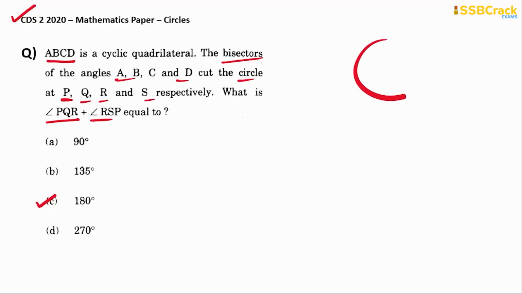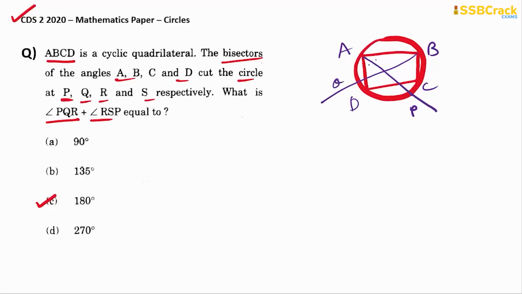So you know that when you have a circle, moreover a cyclic quadrilateral, and the bisectors of the angles of its vertices, like the bisector of angle A. Here they said that the bisector of angle A intersects the circle at P, the bisector of angle B intersects the circle at point Q, the bisector of angle C intersects the circle at point R, and the bisector of angle D intersects the circle at point S. You should know the property of a cyclic quadrilateral, which says that the sum of the measures of opposite angles is 180 degrees.